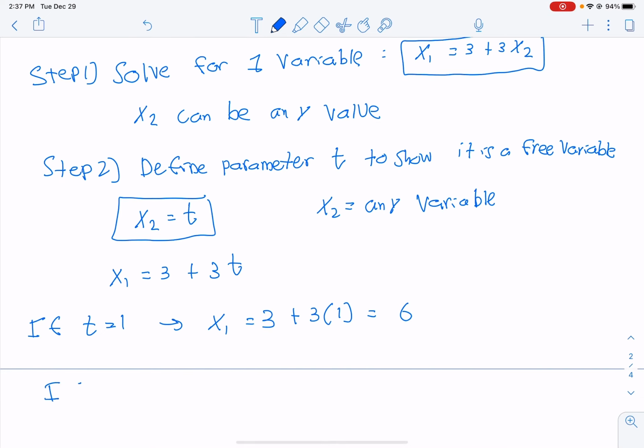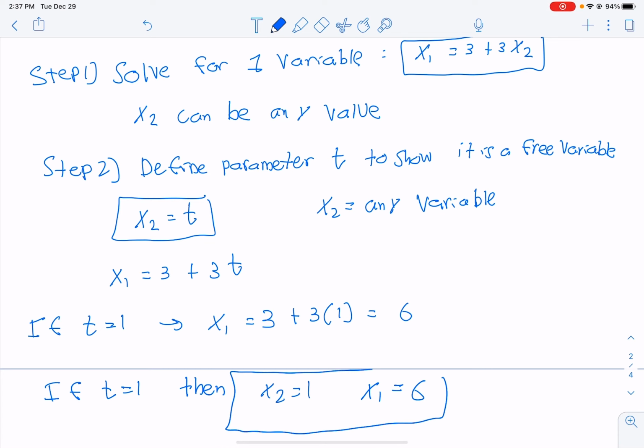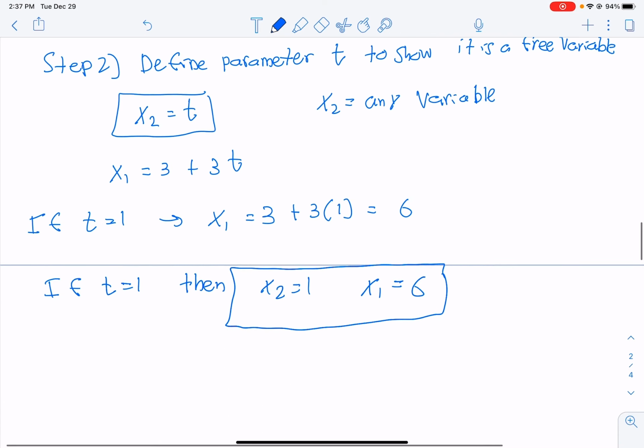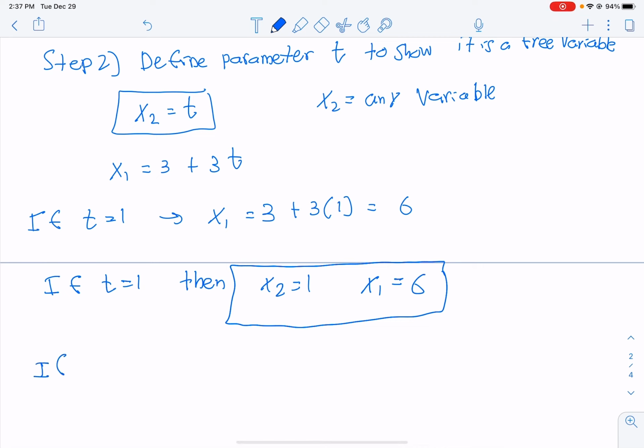So if t is equal to 1, then we know x2 is equal to 1, and I know x1 is equal to 6, and that would be our solution. Just to show you one more example, what if t is equal to 3? Well, I know x2 would be equal to 3 because x2 equals t. Then x1 would equal 3 plus 3 times 3, which is 12. We're going to end that right there.